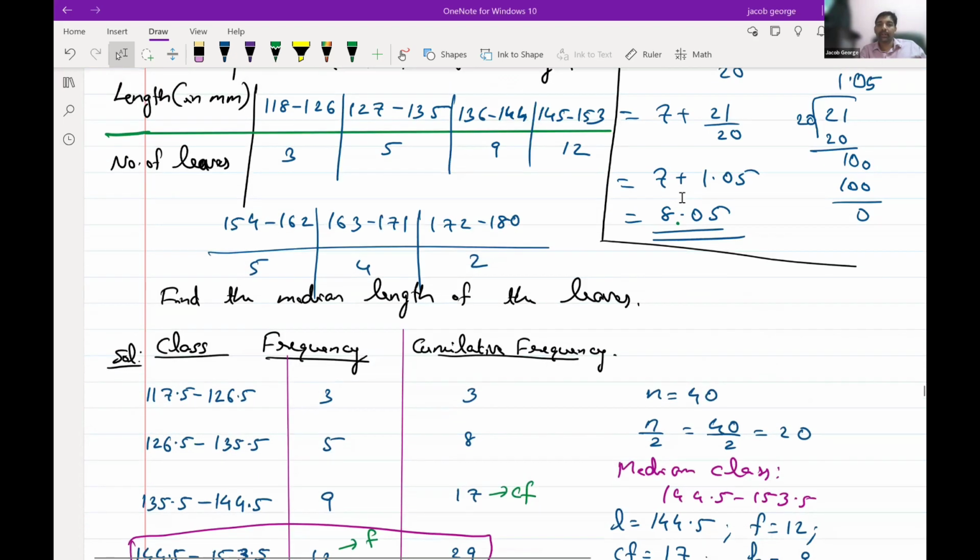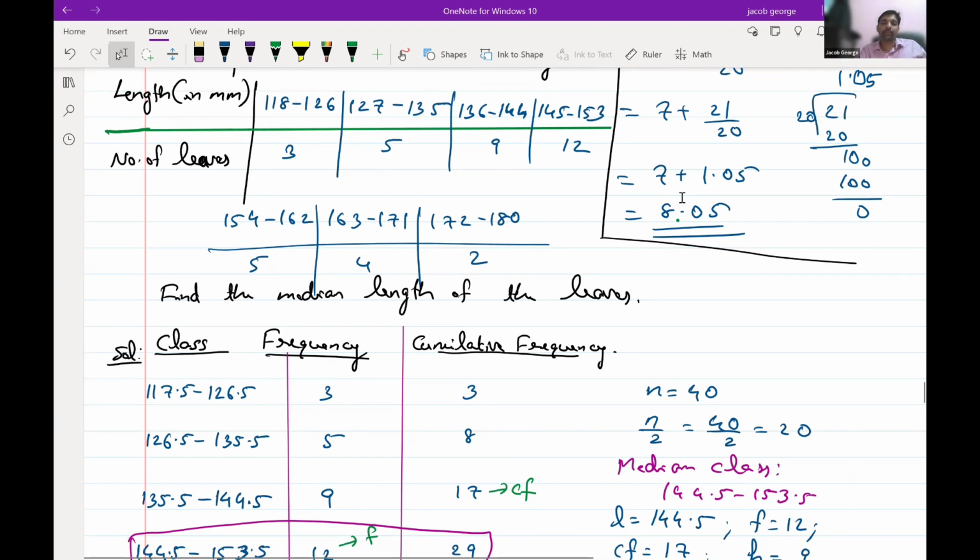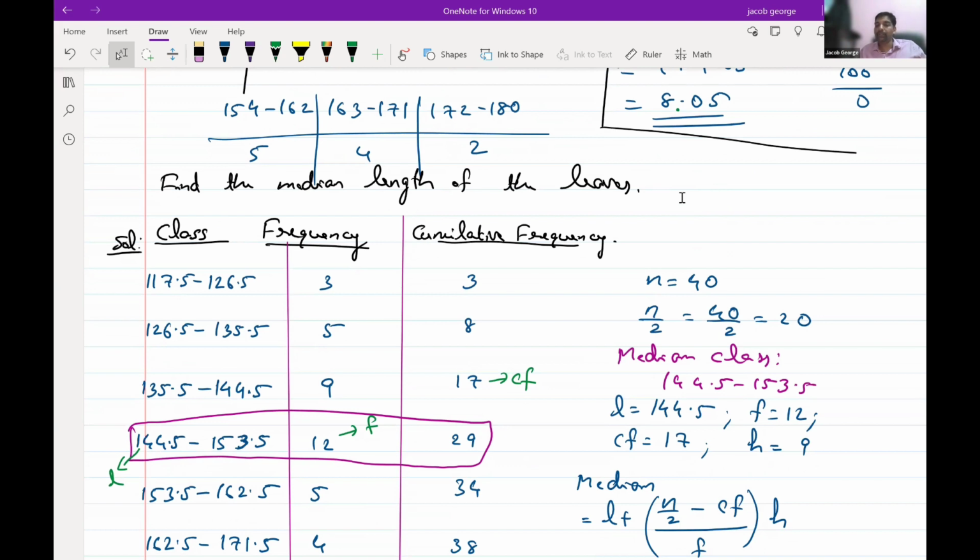Non-continuous classes will be given. Write H, write the class size. So don't write as 126 minus 118. Instead, convert it into continuous and then subtract 126.5 minus 117.5. That is 9. So for this question, H is not 8, it is 9.